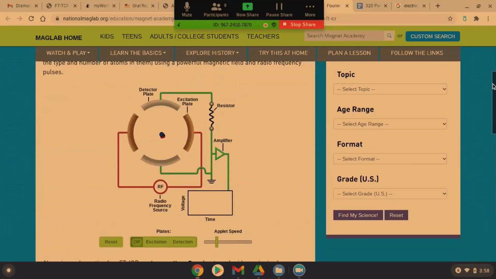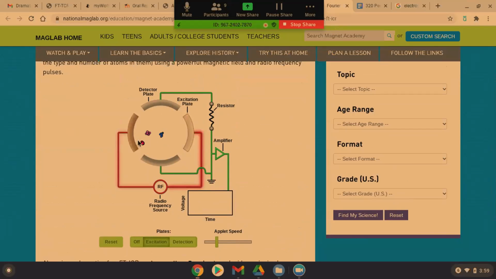Okay, so this is a demo that shows you how the excitation and detection of these ions work. So right now our plates are all off, but if we excite them, you can see the radio frequency pulses are allowing these ions to go from their natural spin state to their higher orbits.